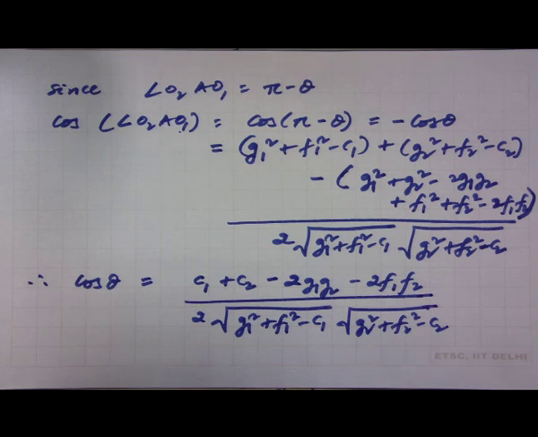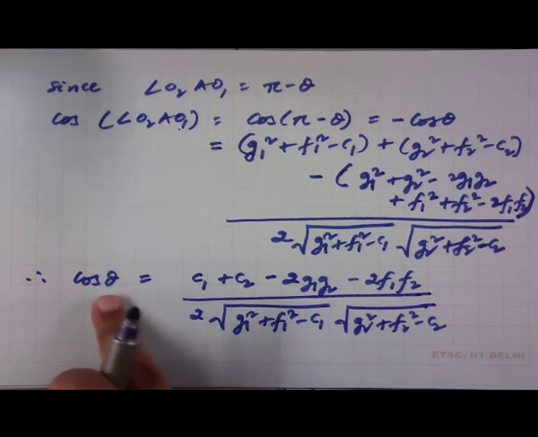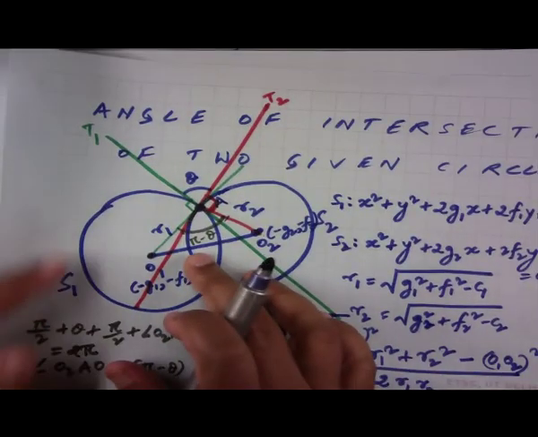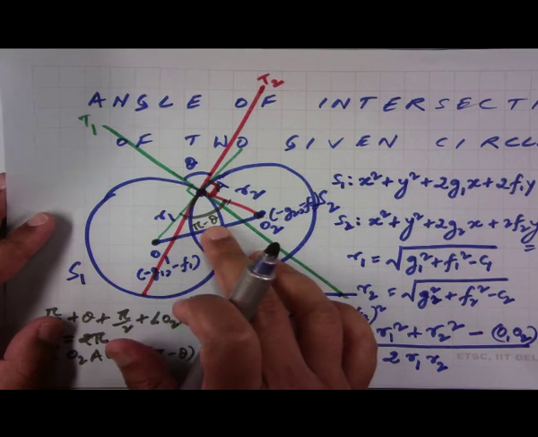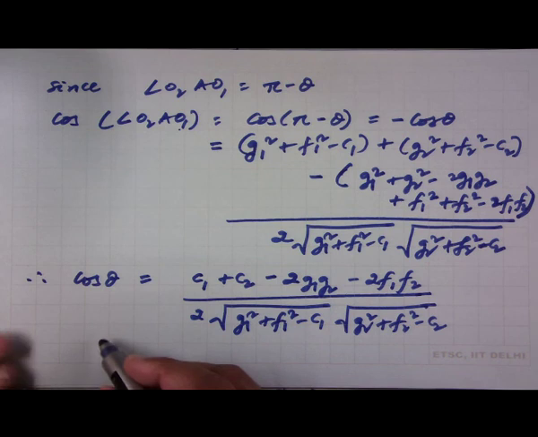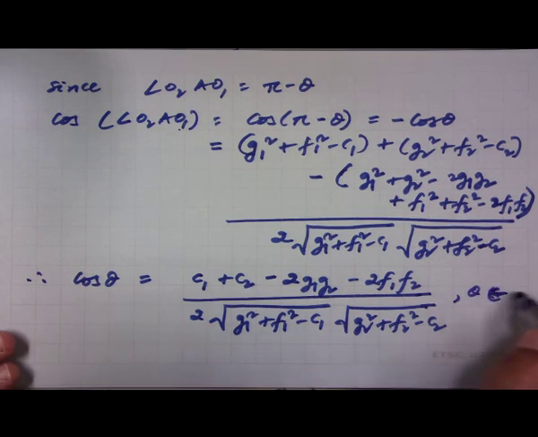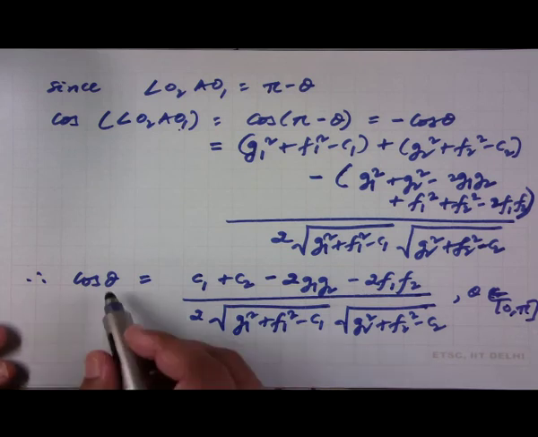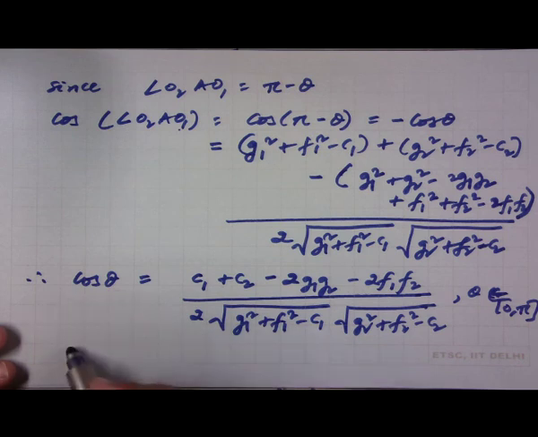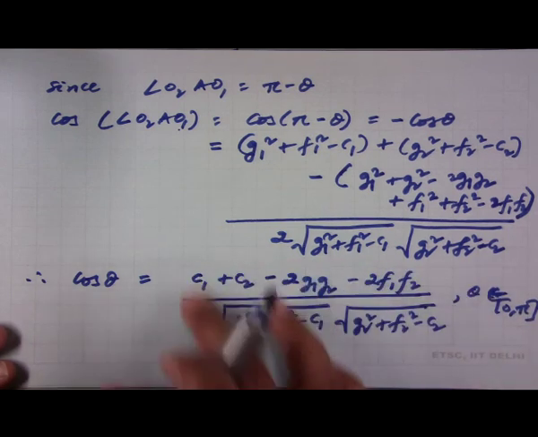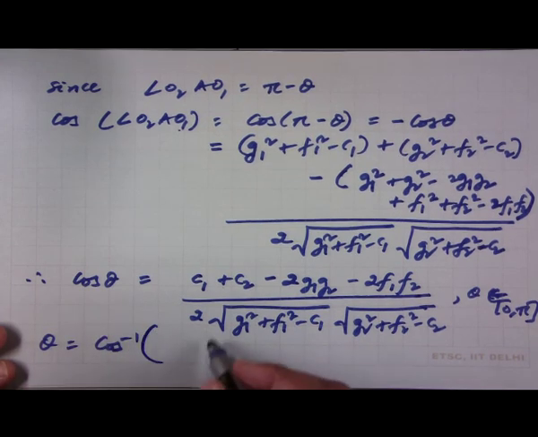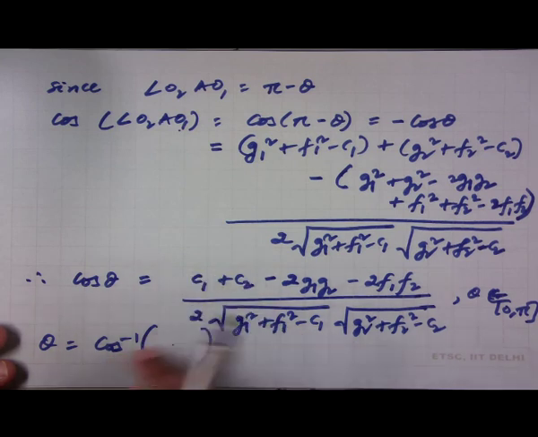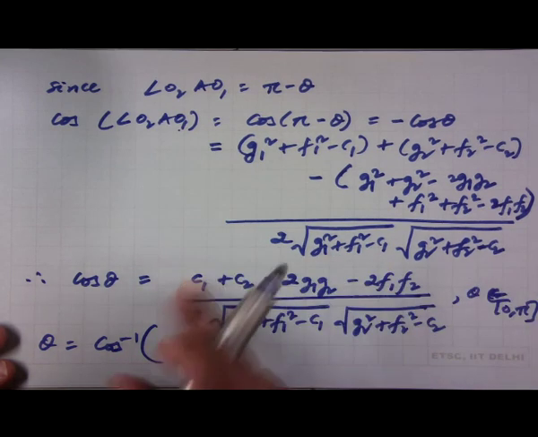And we already know that since pi minus theta is between 0 and pi, it is clear that theta is also going to lie in the range 0 to pi, and therefore theta will be nothing but cos inverse of this right hand side. So, the argument of cos inverse will be this expression.